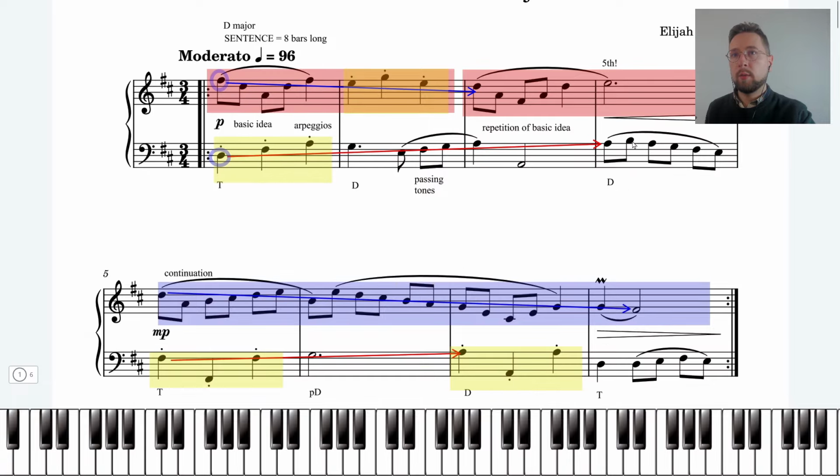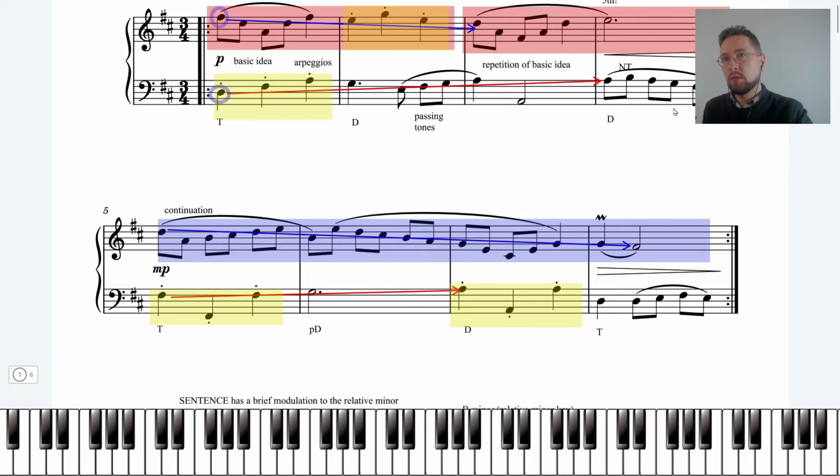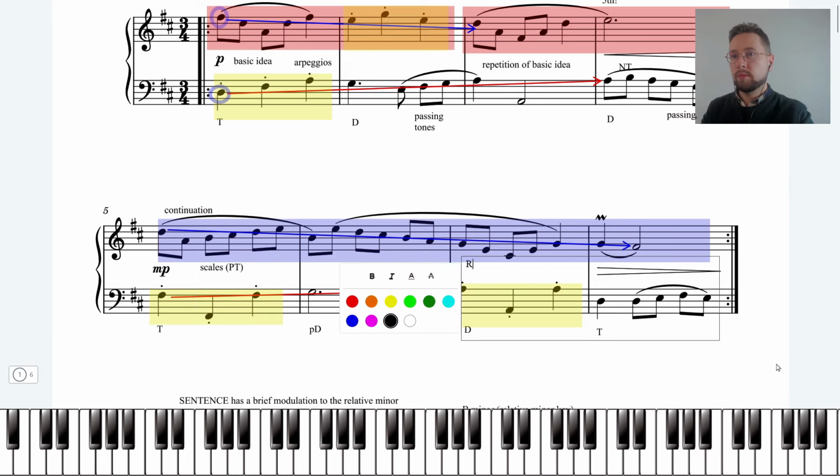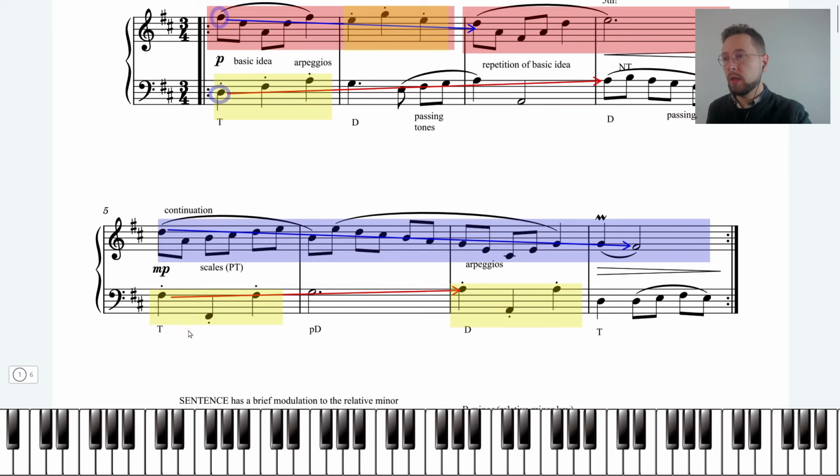Then we have here a good example of a neighbor tone, NT, neighbor tone, which is featuring afterwards passing tones. And in this case, the scales are very prominent. So we have scales, which are passing tones, and arpeggios. And apart from these elements, we also have an octave leap.